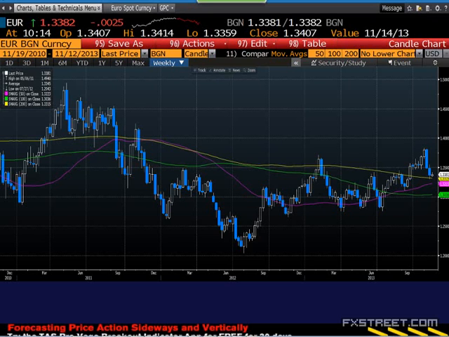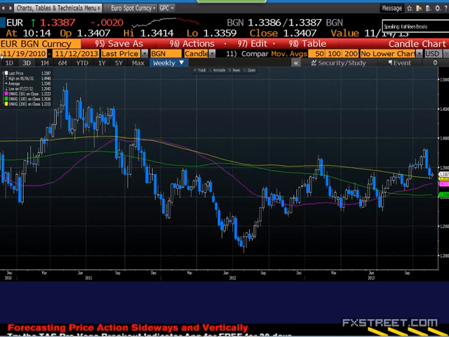It will also be dependent on what the dollar does and what the Fed says from there. So, could we have seen the downside? I don't know. I think we're taking a breather right now. We had a massive move to the downside, and we are now moving sideways a little bit. But that's normal after such a big move.